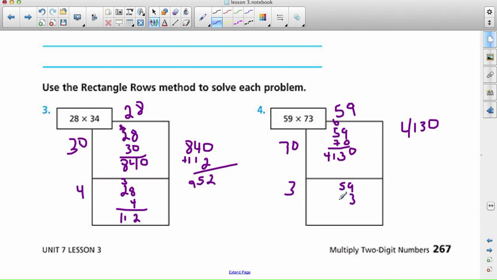Okay, well, 9 times 3, right, is 27. So I'm going to write down my 7. Carry my 2. 5 times 3 is 15, plus 2, 17, 177. So I'm going to add in that 177.